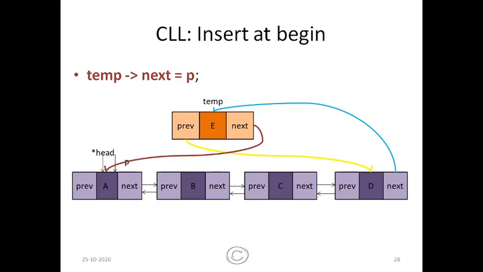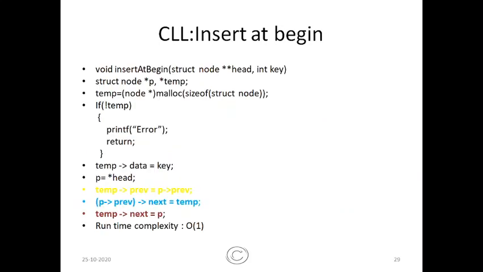That is not written here, but we can assign the head address to temp. That means the temp address will be the new start of this circular list. So we can see the example here, and the written code here also we can check, verify, simulate and execute.